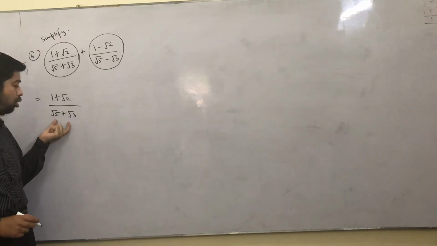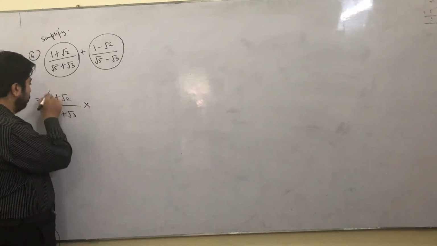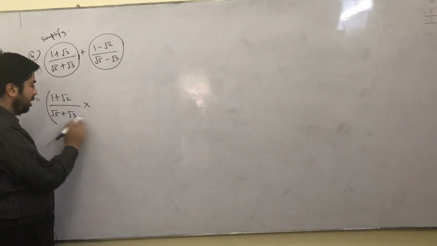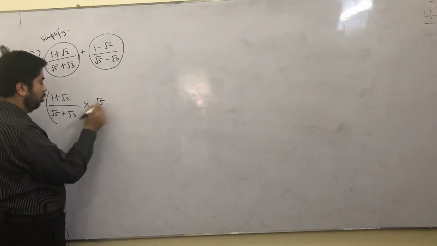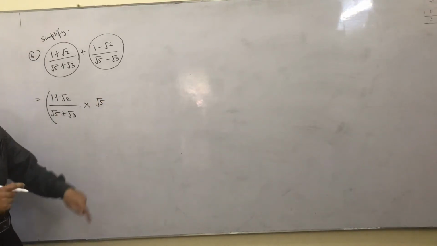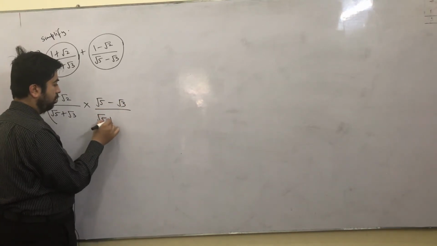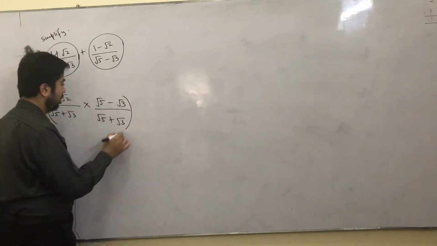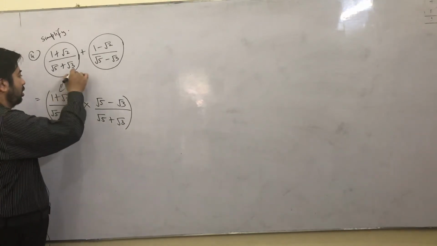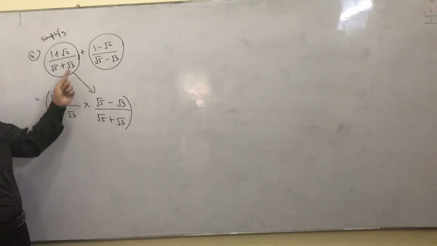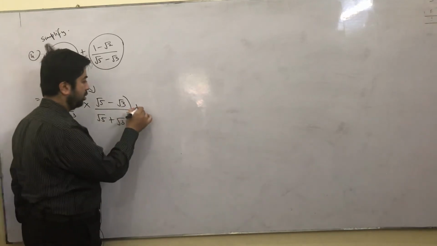This is irrational, so you must multiply and divide it by its conjugate. The conjugate of square root 5 plus square root 3 is square root 5 minus square root 3, and in the denominator square root 5 minus square root 3. This was this part. After that you can see there is a positive sign.